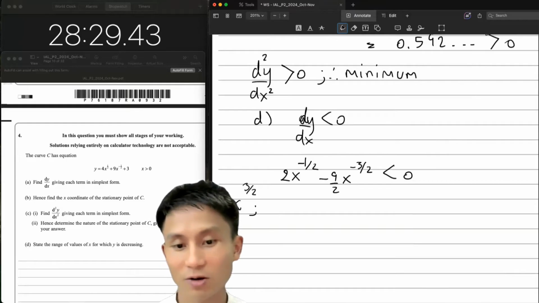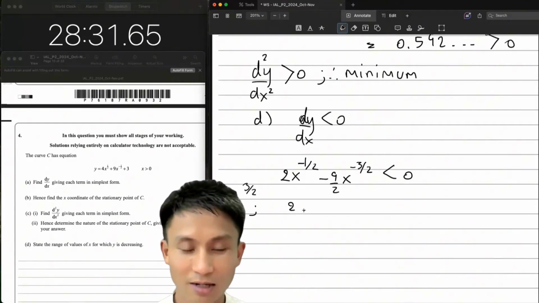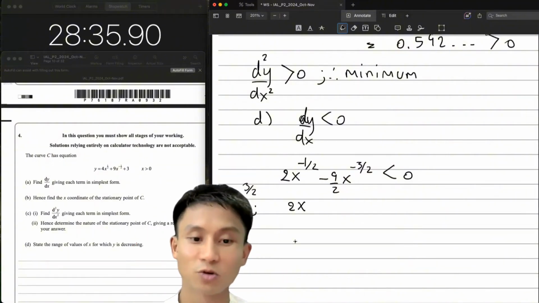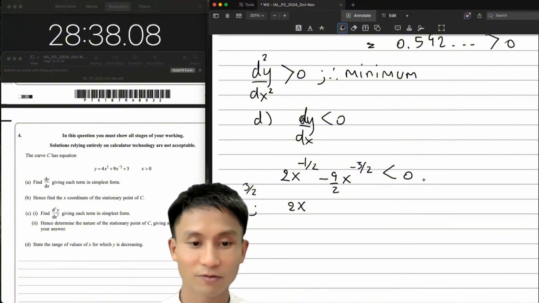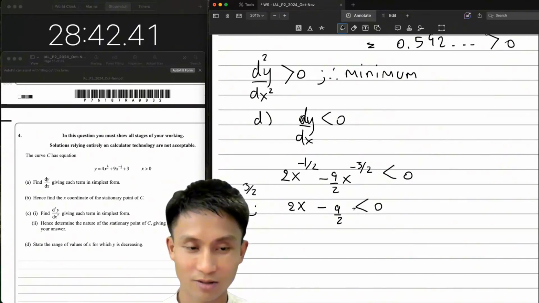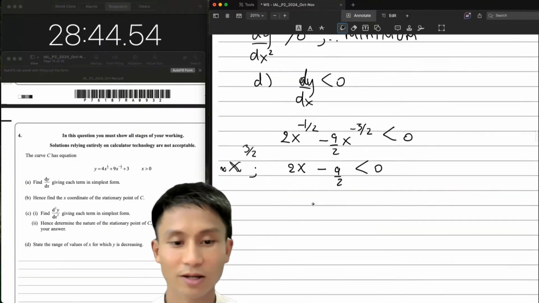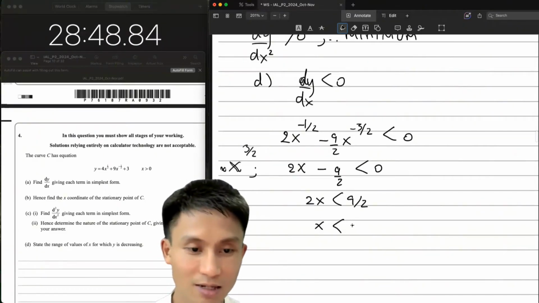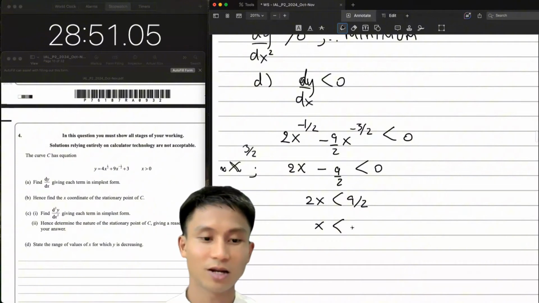If I multiply that out, I'm going to get just 2x, because if you add up the powers there, it becomes 2 over 2, so that's just 1, for the first term. For the second term, that goes away, and I get only that. So this is just 2x less than 9 over 2, so that means x less than 9. Sorry, 9 over 4.